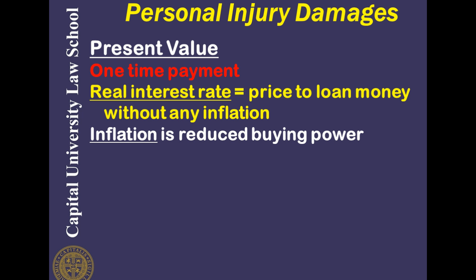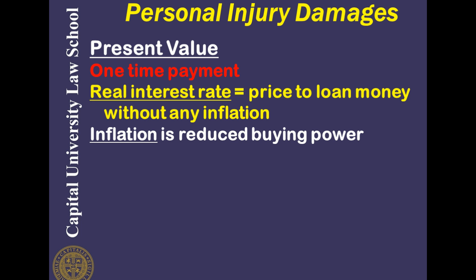Inflation. Inflation is simply reduced buying power. If a loaf of bread today cost $1, if in a year from now it costs $1.25, well, that $1 has now been reduced and the loaf of bread is now 25 cents more at the end of the year. So the $1 now buys less than it did a year ago.